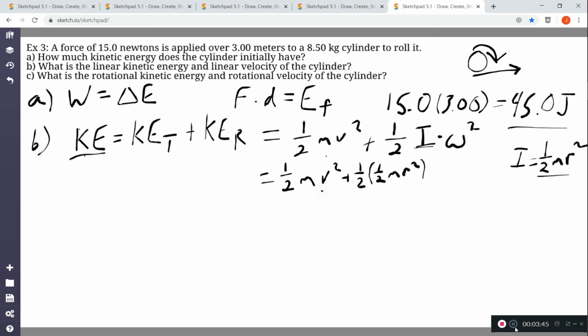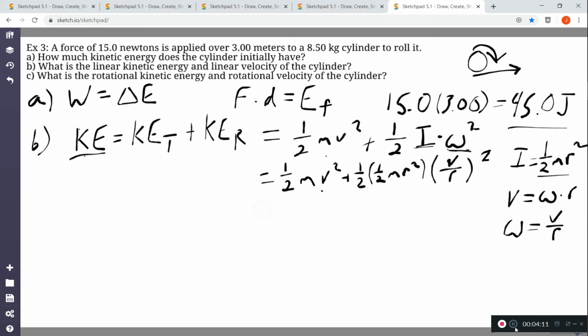Since we're already working with velocity, let's use the fact that the velocity of an object is equal to its angular velocity times its radius. So we can solve for this, and that means omega is v divided by r. So I can replace omega with v divided by r and square that.